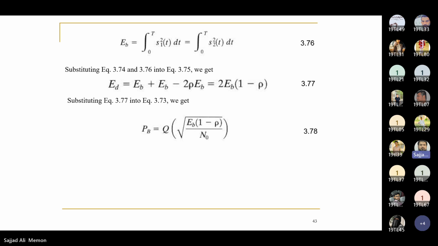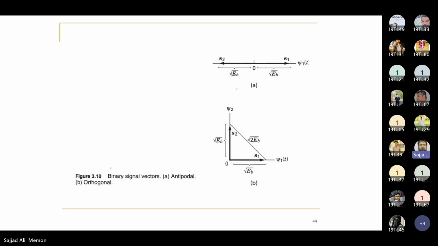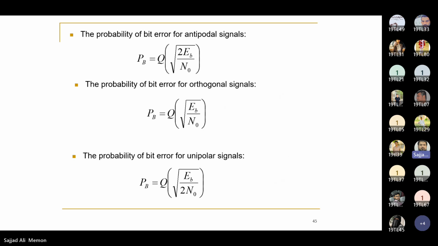So that will be 1 minus minus, plus, and there will be 1, that will be 2 EB divided by A naught, under the square root. And that is the same as we have in the equation. This one, the probability of bit error for antipodal signals is Q of the square root of 2 EB by A naught.